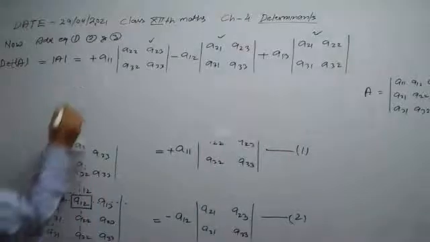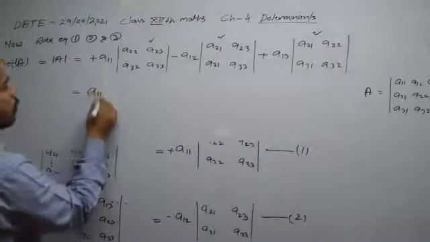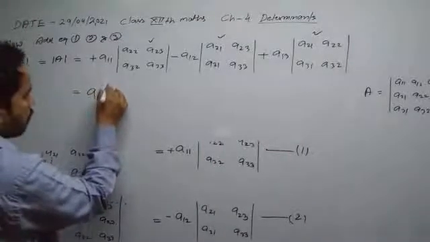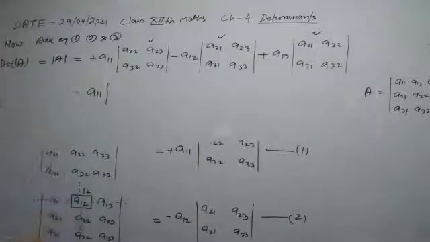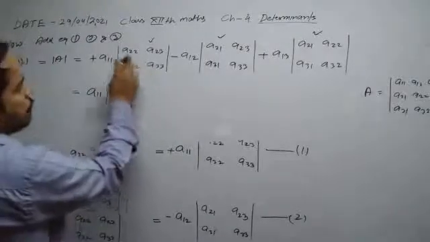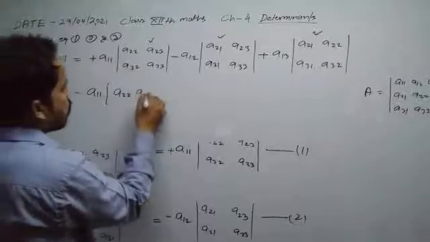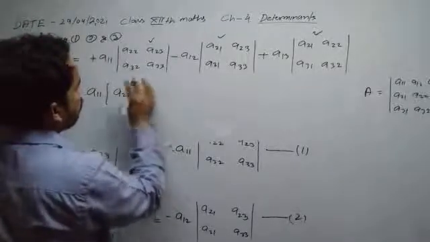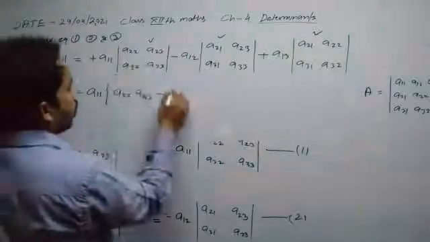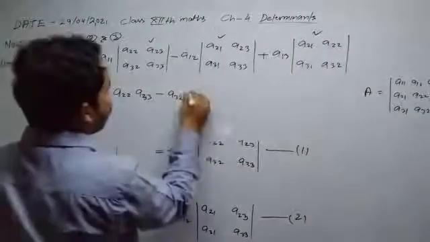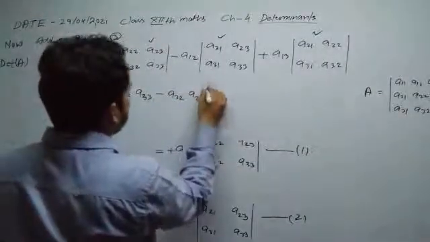So the result will be A11 in curly brackets, cross multiply from top to bottom, A22, A33, minus from bottom to top, A32, A23.